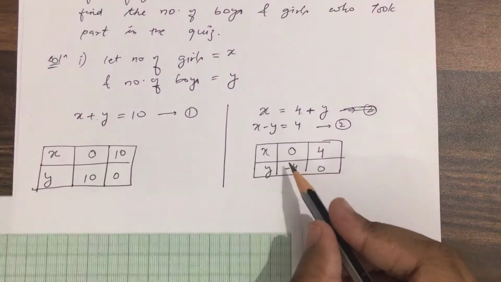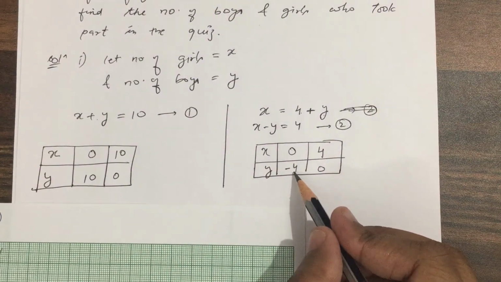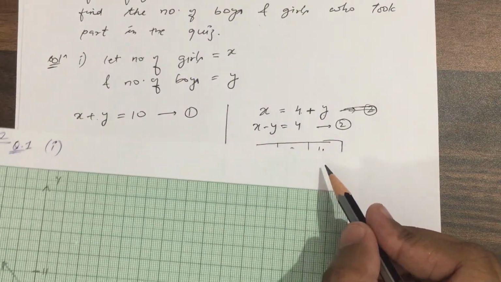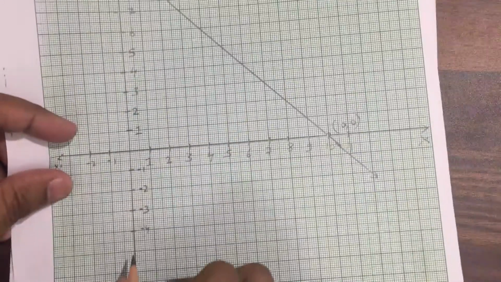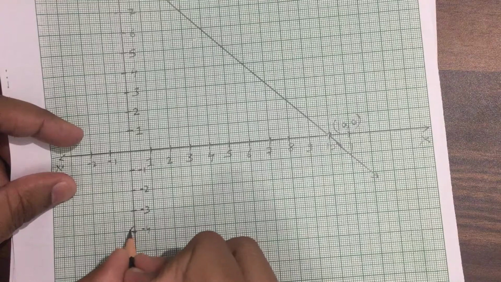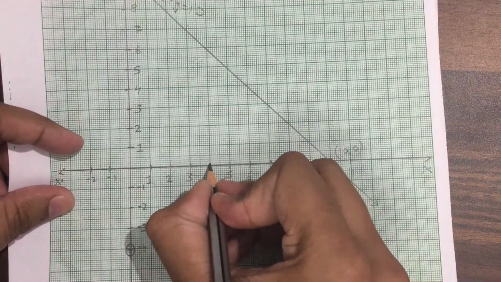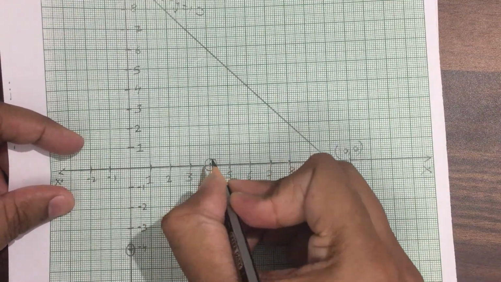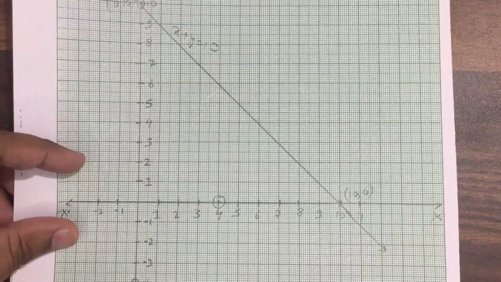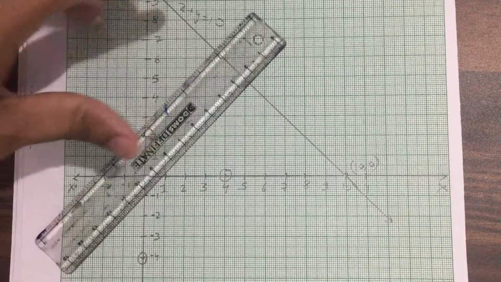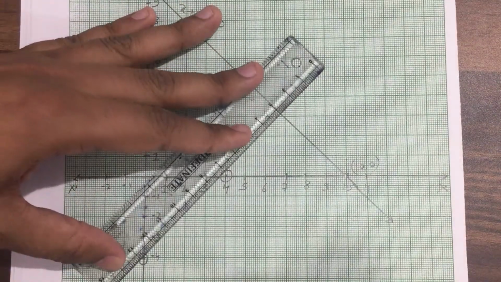Now for the second, the coordinates are 0, minus 4 and 4, 0. So 0, minus 4 will be this one, and 4, 0 will be this one. Again we have to join them.